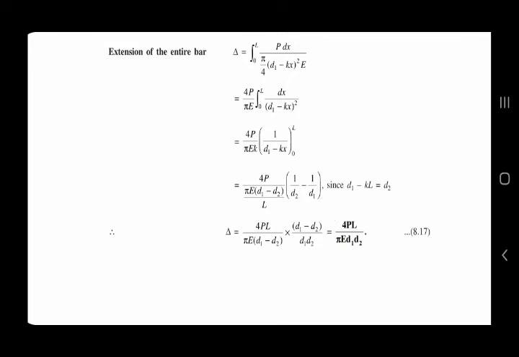Now if we compare, if D1 is equal to D2, we get 4PL upon pi by 4 D square into E, that is nothing but PL upon AE, which is the uniform cross section.